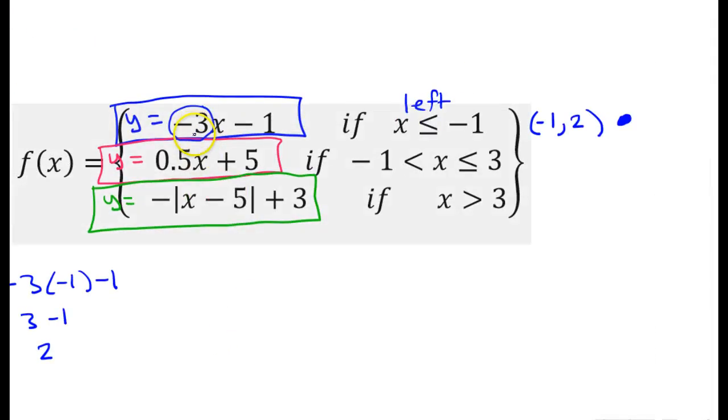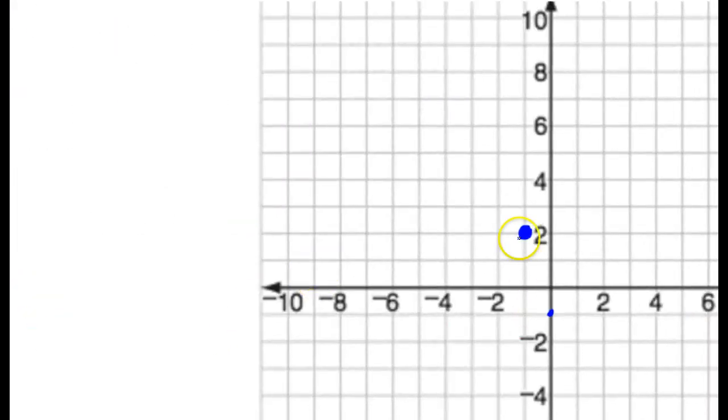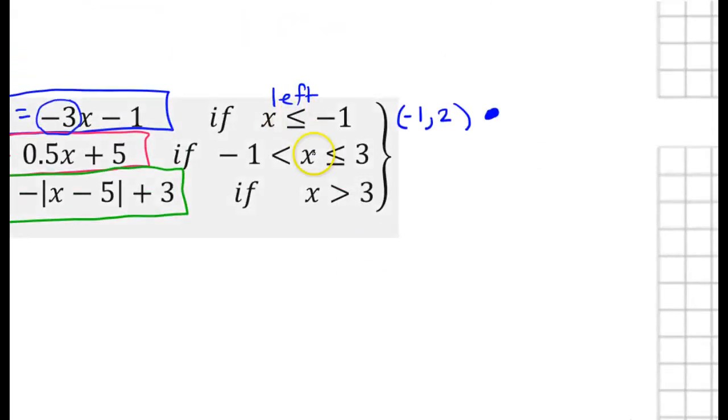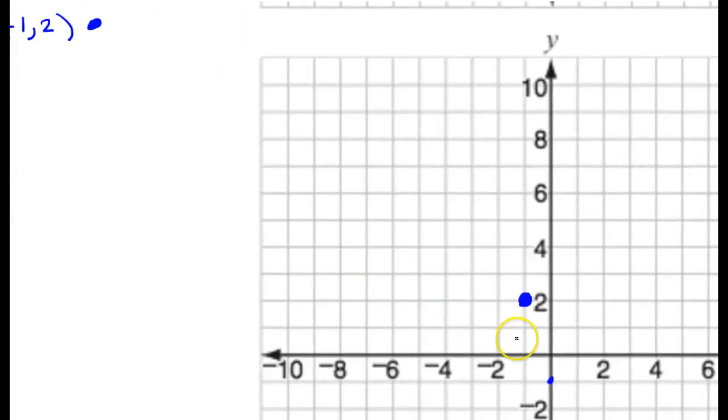But I don't want the points going to the right. I need the points that are going to the left, less than. So if I follow that same pattern backwards, it would be up 3, left 1. So if I go up 3 and left 1, up 3, left 1, up 3, left 1, I can see that this part of the line goes like this.